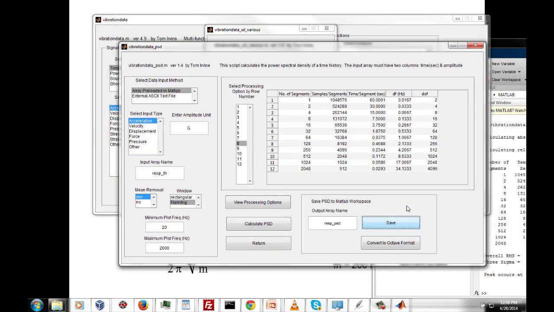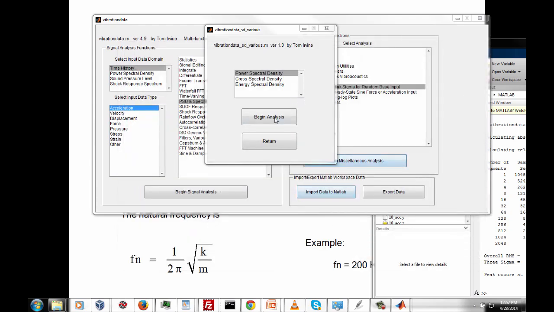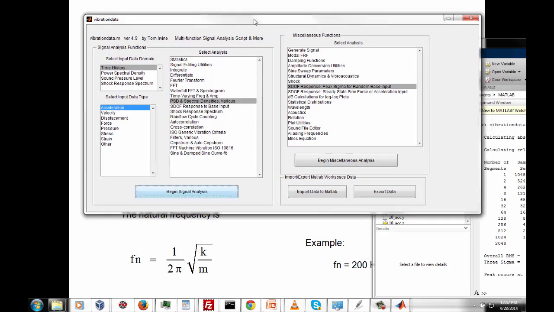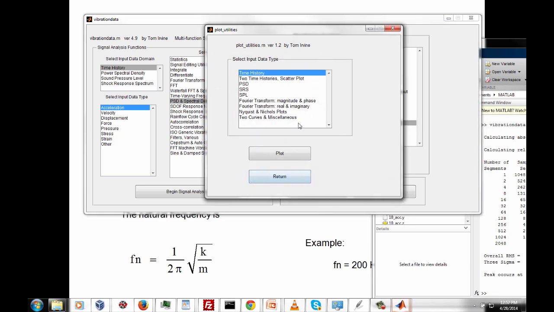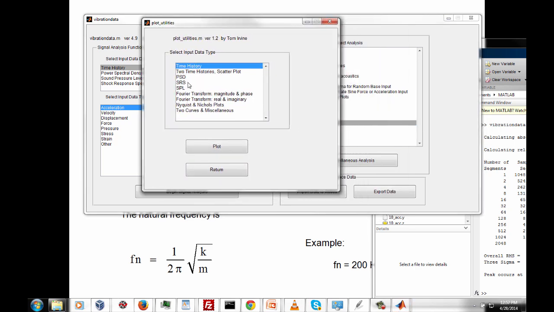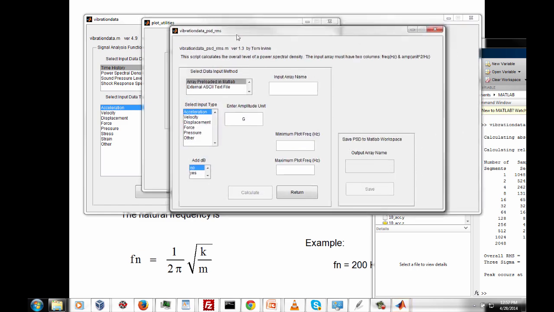So what we can do is go to return, and under miscellaneous we have a plot utilities which will allow us to plot 2 PSD functions. So we're going to begin the miscellaneous analysis, PSD, plot.